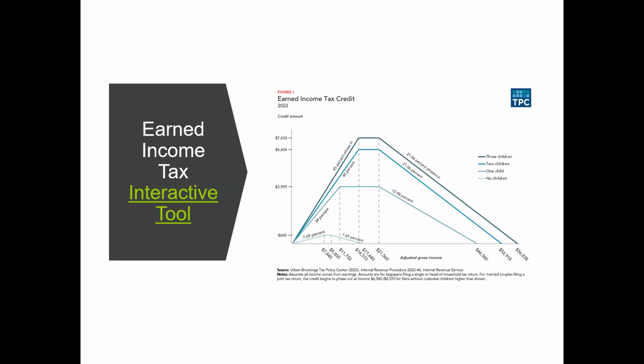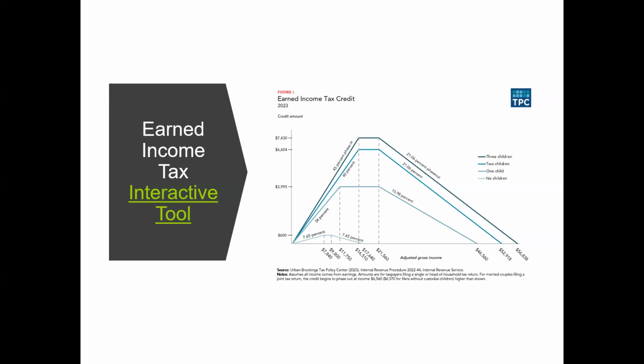So essentially, the limit on this is if you have three or more children, you can get up to $8,000 a year returned back as an income tax credit when you file your taxes. So this is a way really to provide more direct cash, without any strings attached to it, to working class families and help subsidize their income.